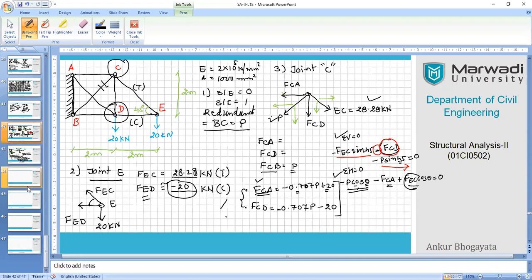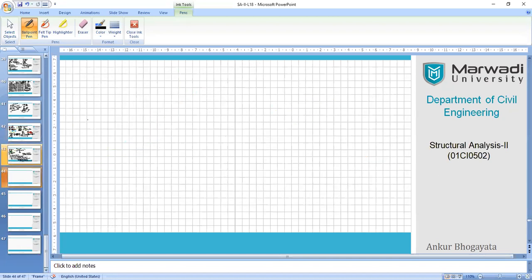So we'll create a table here, and we have largely analyzed all the members together. We'll consider member by member and write them down one by one so that we can create our table. We'll write down EC, then ED.